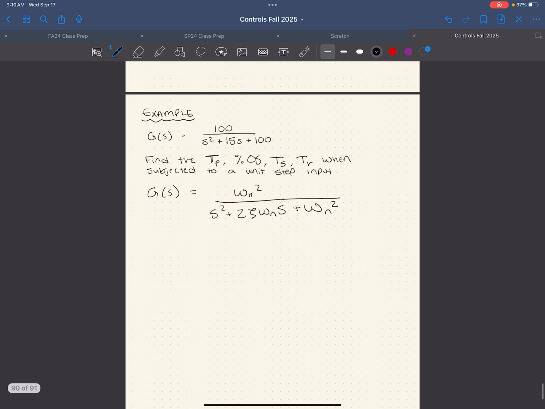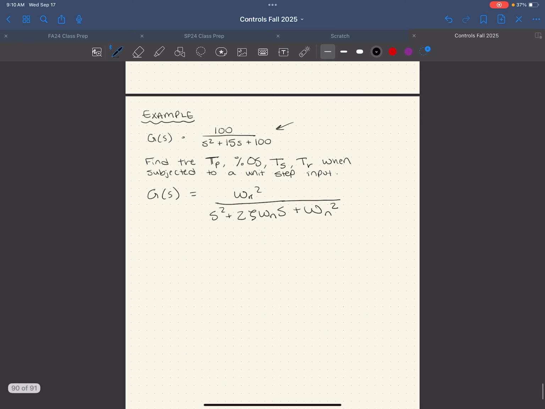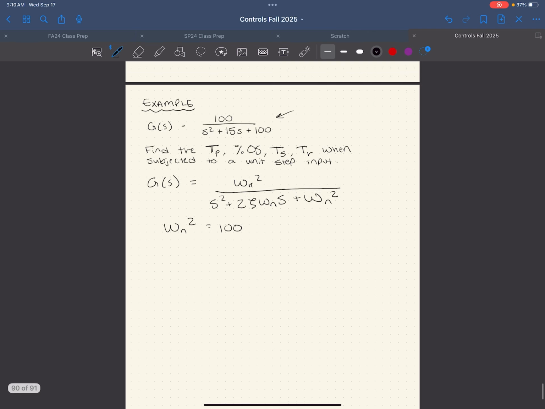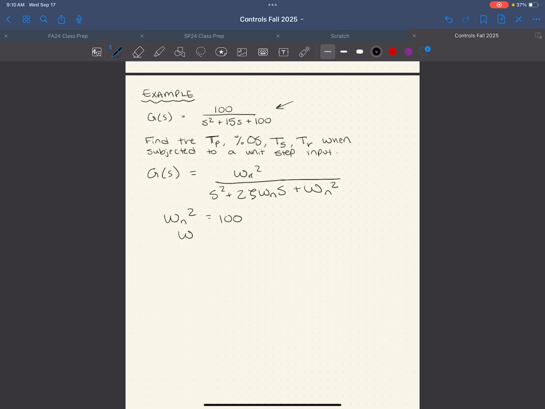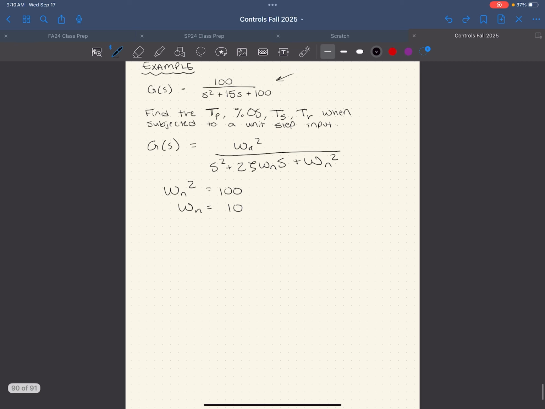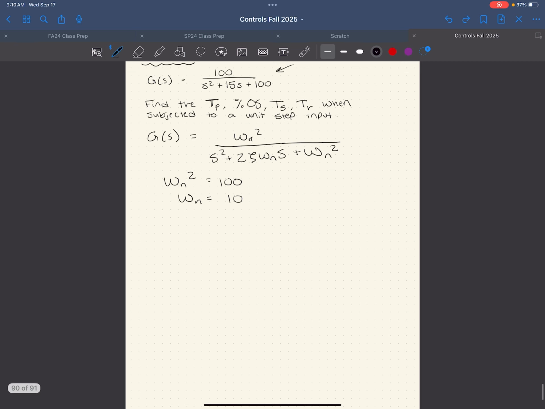Comparing that to the given transfer function, I can see that omega n squared is equal to 100, setting the numerators equal, which means omega n is equal to 10. Now it's really plus or minus 10, but for these specifications, we only consider positive frequencies. So we only need to worry about the positive 10, in radians per second.